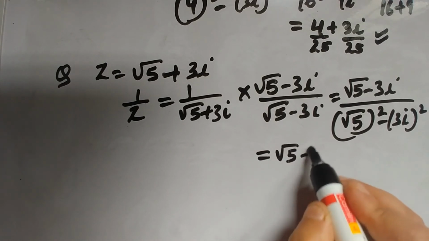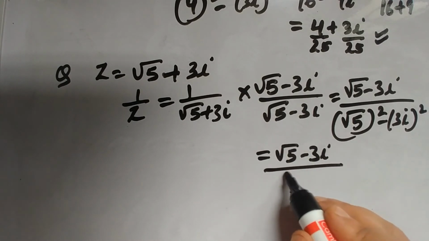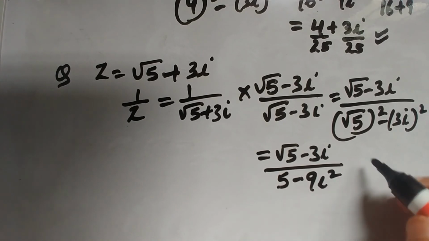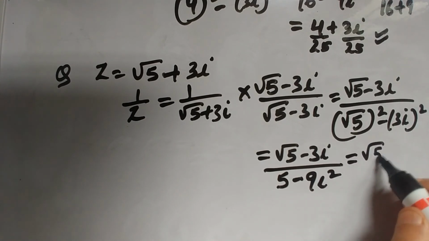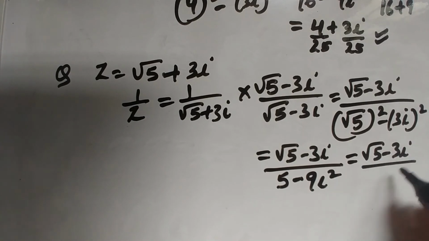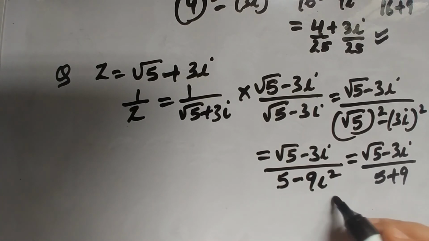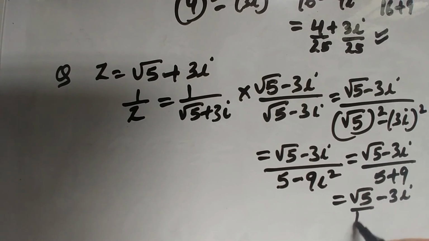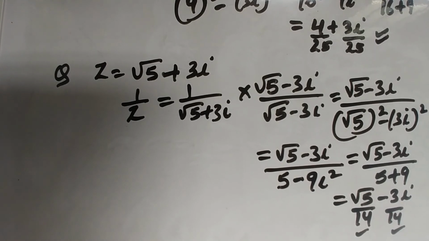So this is root 5 minus 3 iota and this is 5 and this is minus 9 iota square. So it will be root 5 minus 3 iota upon 5 plus 9, that is 14. So it will be root 5 upon 14 minus 3 upon 14 iota if I separate the real and imaginary parts. So this is how we find the multiplicative inverse of this complex number.